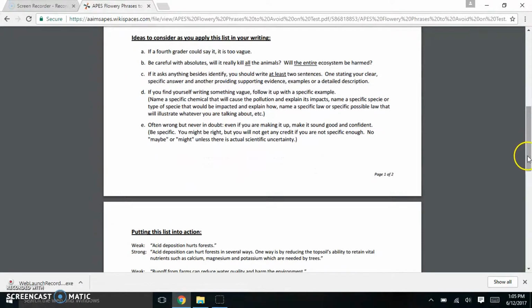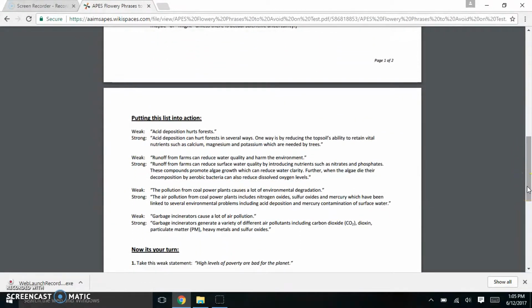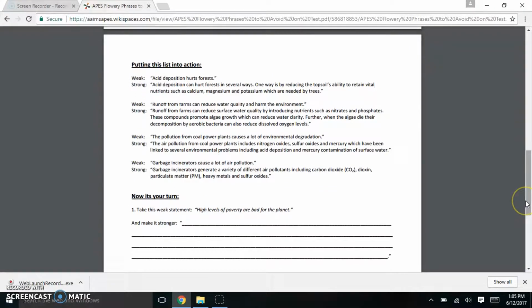On page 2, we're going to see some examples. Putting it into action. Here's a weak one: acid deposition hurts forests. How does it hurt? It's weak right there. It's very vague. Yes, we do know that acid deposition can hurt the trees, the plants, the soil. But how?